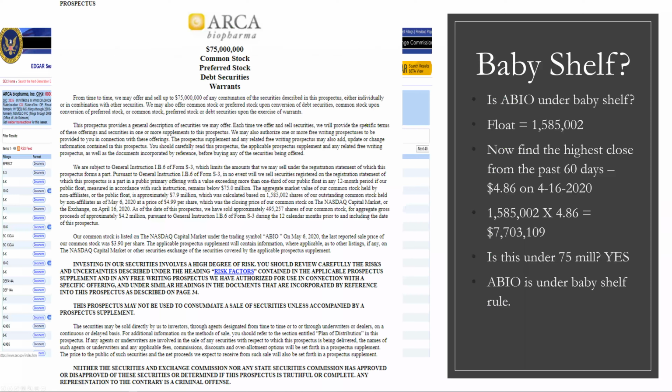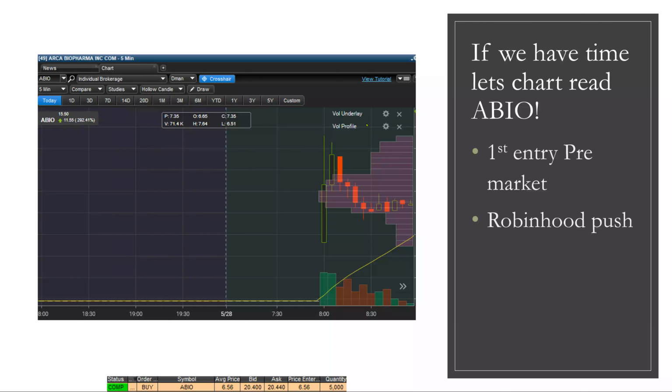And I can chart read through this ABIO real quick with you if you want. You can see what happened. Irina says, so ability to raise is not related to number of shares, just dollar value. Yes, exactly, Irina. It's your total value.